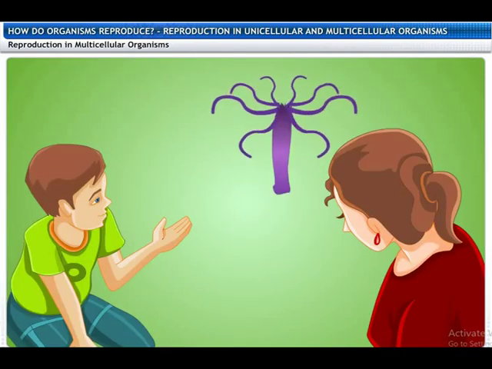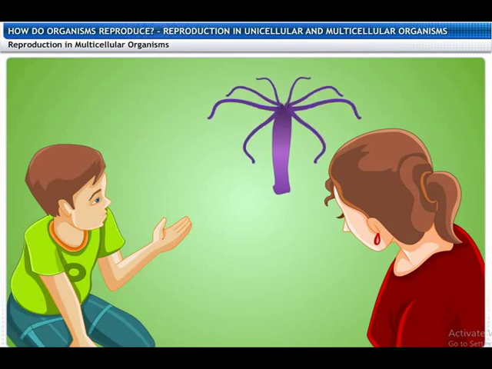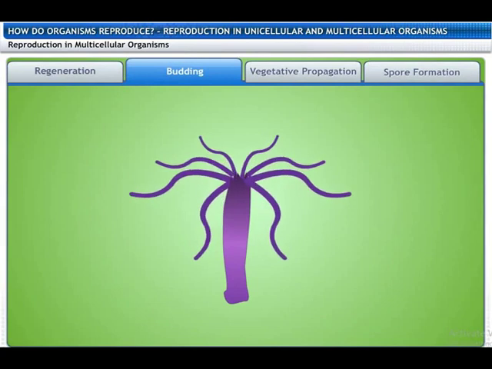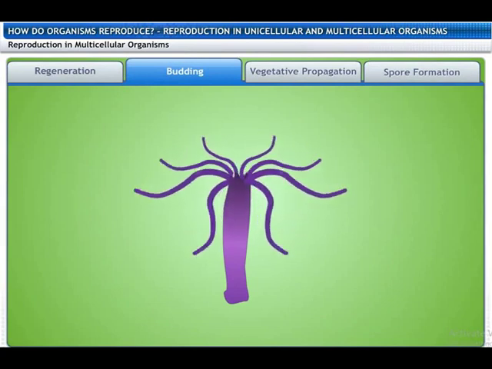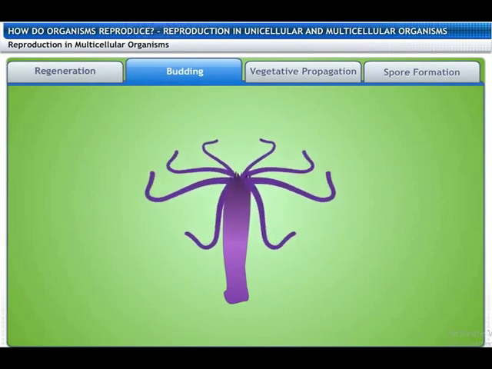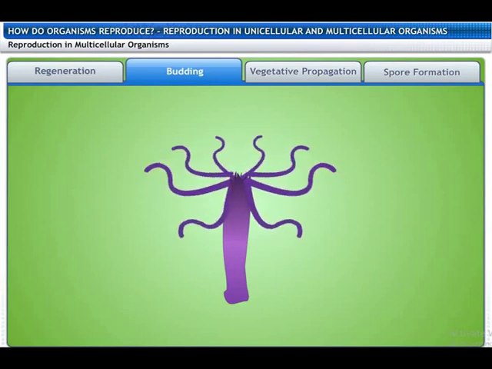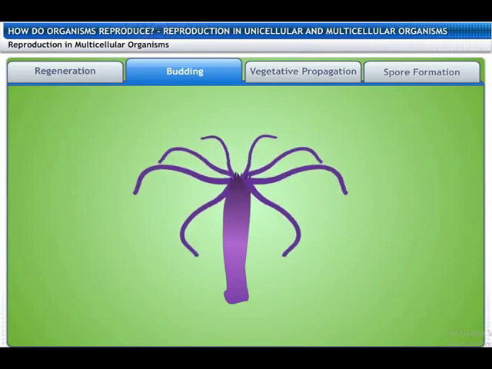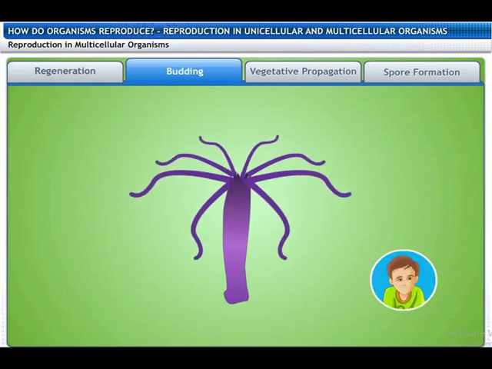So if not cut up, how would an organism like Hydra reproduce? Good question. Organisms like Hydra can also reproduce by budding. They use regenerative cells for reproduction in the process of budding.